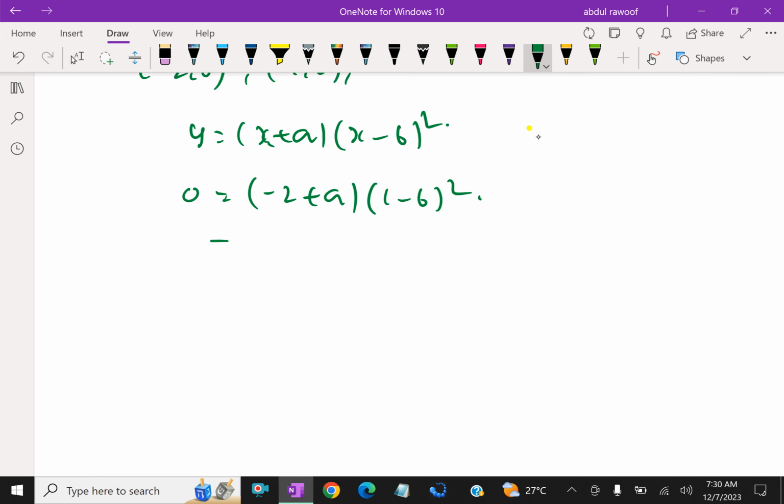Therefore, a equal to 2 and 1 minus b whole square equals 0.